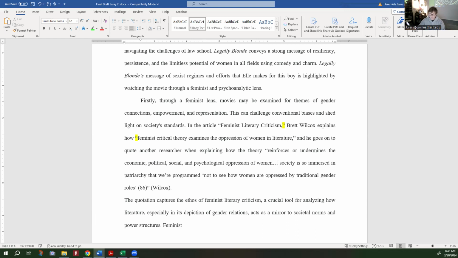Dot, dot, dot. I cut that out. I'm going to do a bracket because society is so immersed in patriarchy that we are programmed not to see how women are oppressed by traditional gender roles. I would cut that part out.